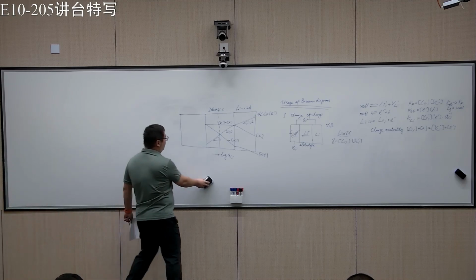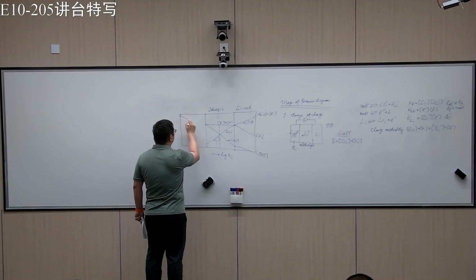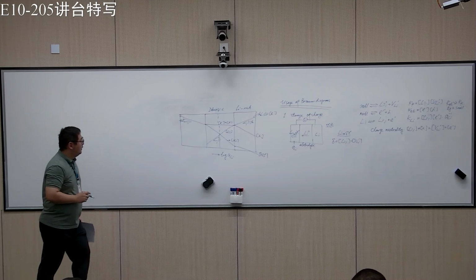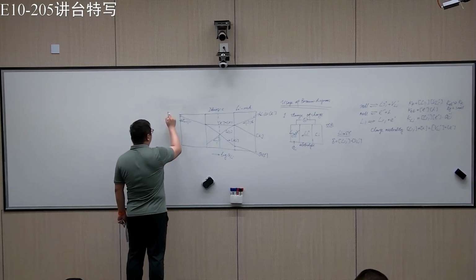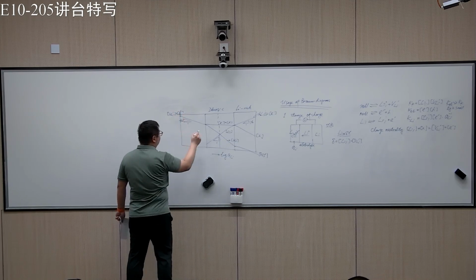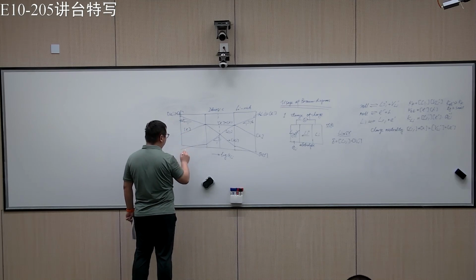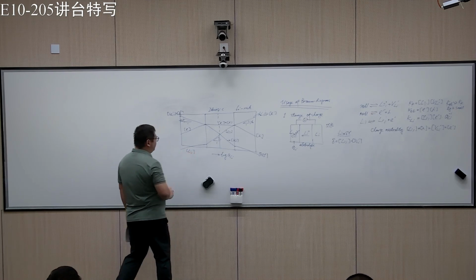For the lithium poor, you can just draw it. Again, there should be minus 1/2. In this case, the lithium vacancies are the same as the holes. And then you have, this is the electrons, right? And this is the lithium interstitials.